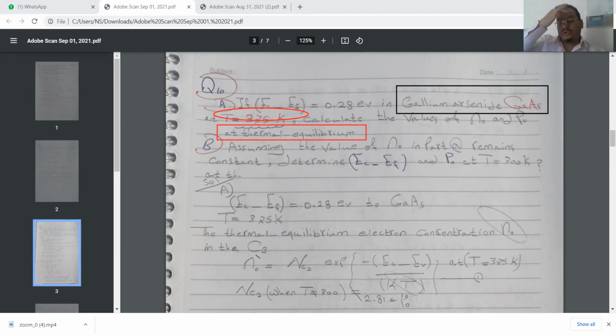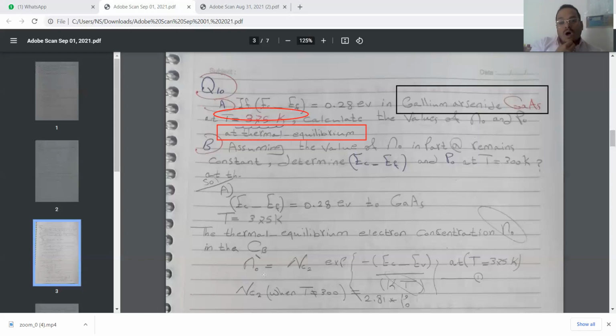The concentration of electrons at the conduction band equals NC, the effective density, times exponential of minus EC, the conduction band, minus the Fermi level, divided by KT. I can write a note dealing with room temperature, but here we're dealing with another temperature, 375, which is different from room temperature.